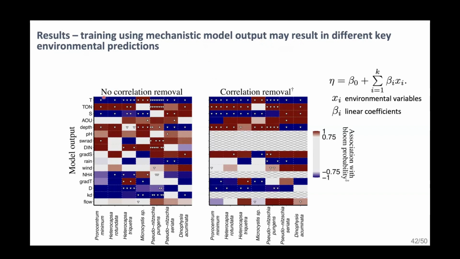This is if you compare the triangles from this plot to the triangles from this plot. But as before, when the color is blue or red on the left, it typically stays blue or red on the right. And sometimes we do detect additional strong associations when we remove correlations. For example, here for Pseudo-nitzschia and salinity, we did not detect a strong association, whereas after removing correlation, we do detect a strong negative association.